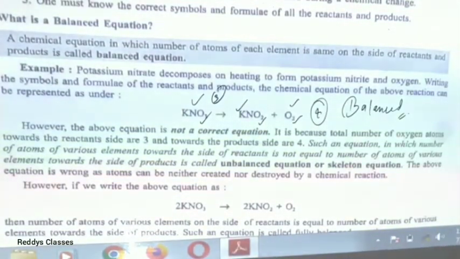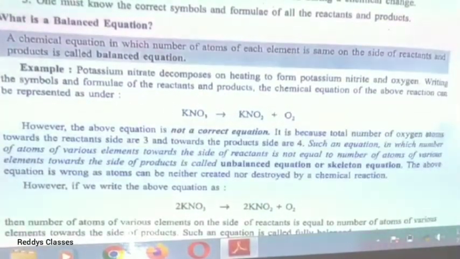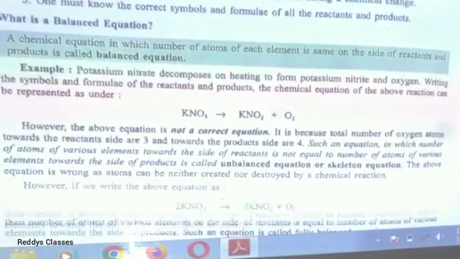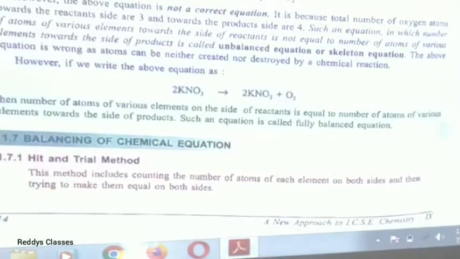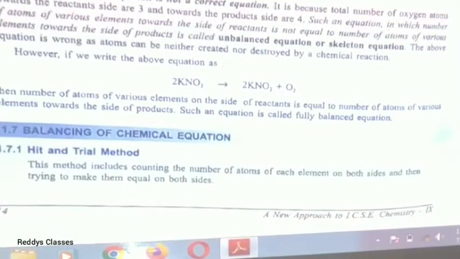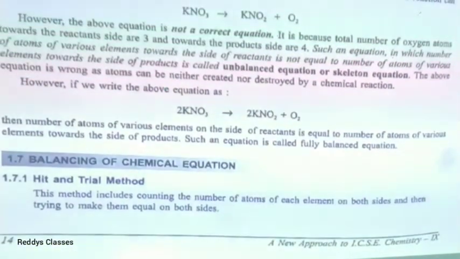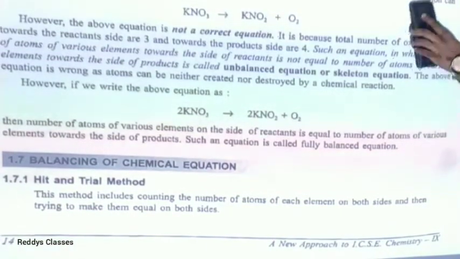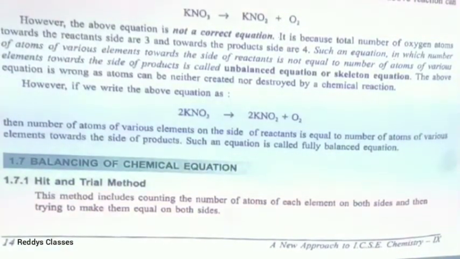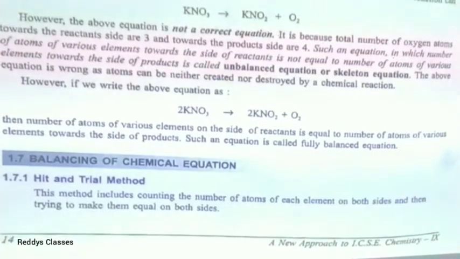So what we have to do is we have to balance the chemical equation. Now, how will you balance? It is because the total number of oxygen atoms towards the reactant side is 3. As I said, the reactant side has 3 atoms of oxygen, while the product has 4.